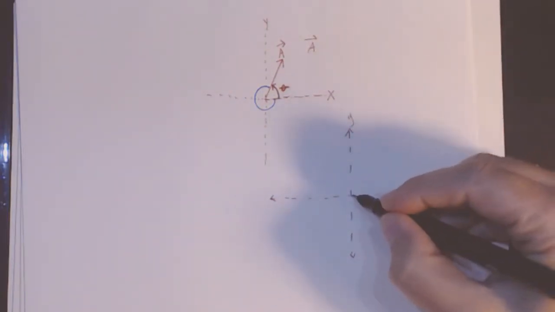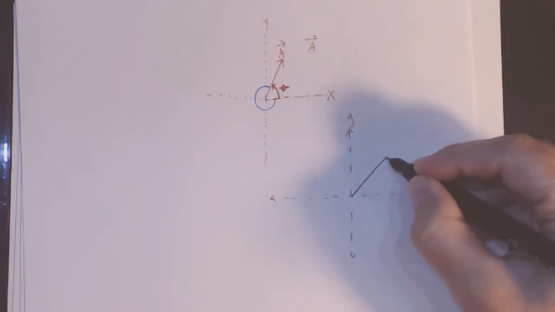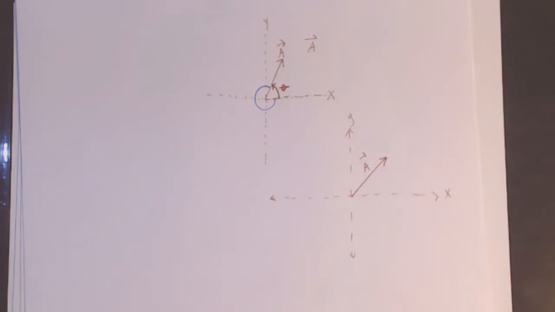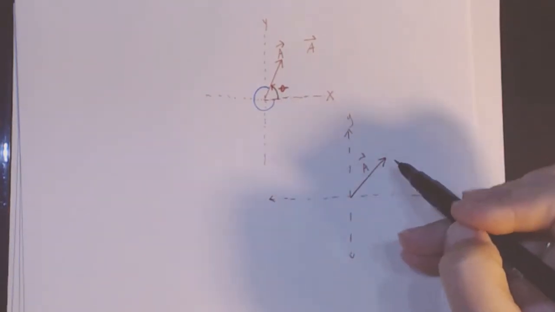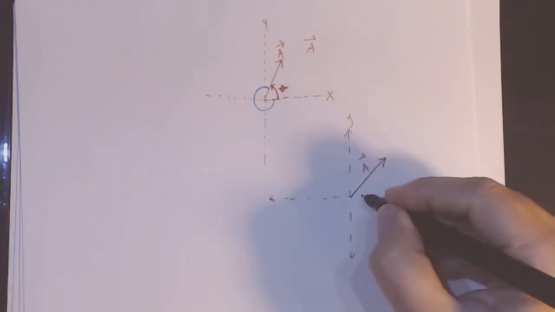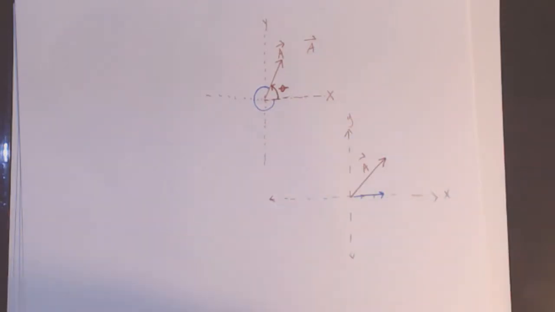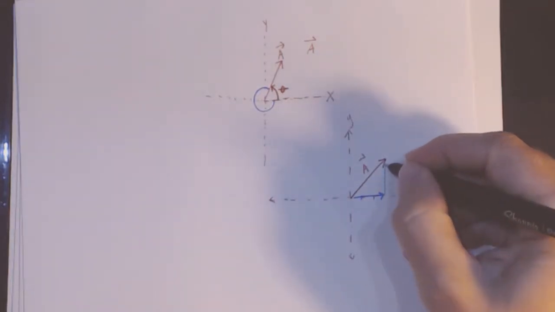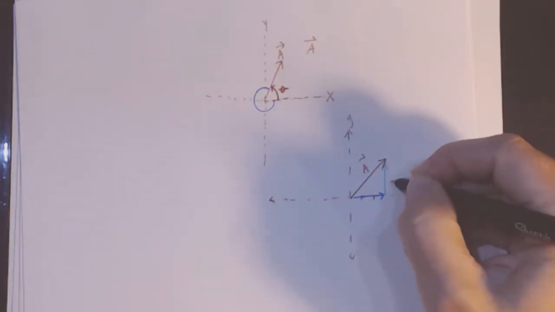So my vector A, wherever it is, when I draw it, looks like that. I can think of getting from the tail of my vector to the head of my vector by moving a certain distance in the x or horizontal direction, and then moving a certain distance in the vertical direction, which would be the y direction.